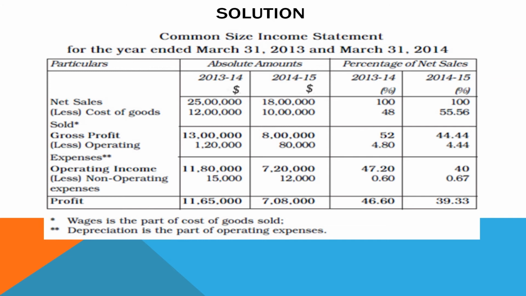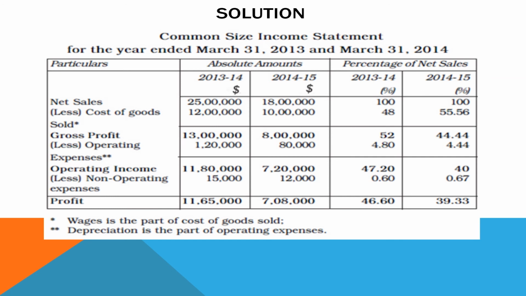And in 2014-15 it will be 12,000 divided by 18 lakh multiplied by 100, which is equal to 0.67%. At the end, what we get is profit, which is equal to 11,65,000 and 7,08,000 respectively. And the percentage of profit is 46.60% and 39.33%.